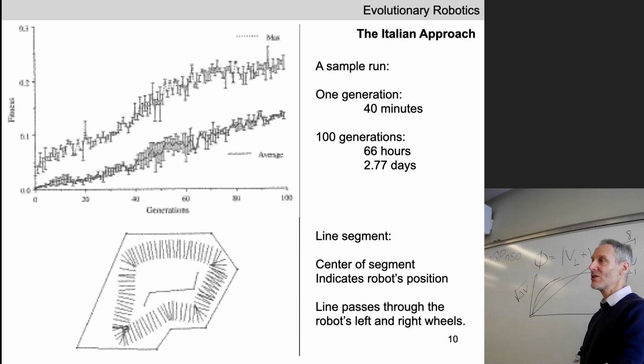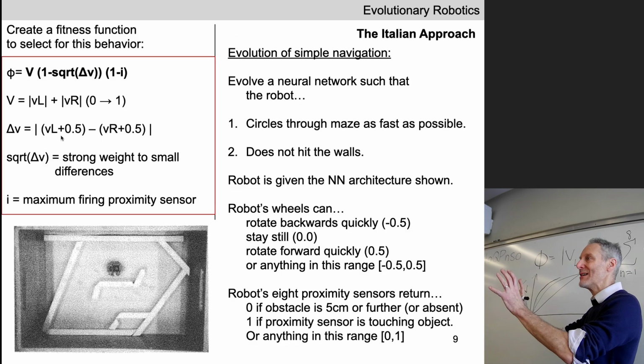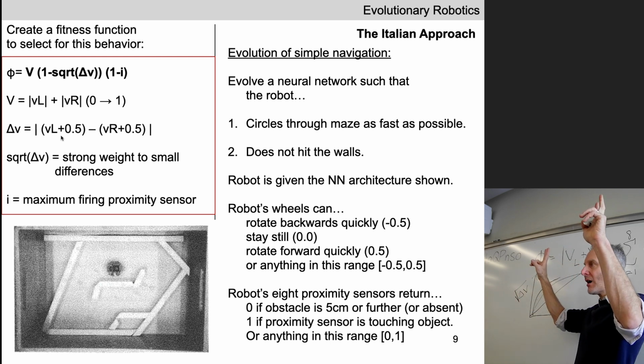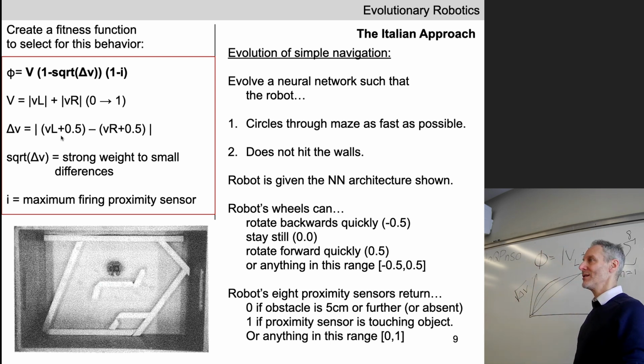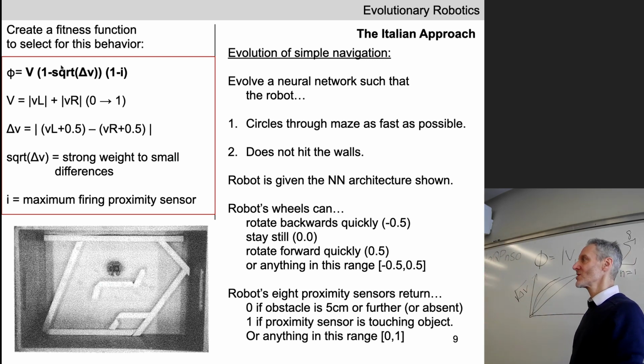We could put some particular object in the maze that it's supposed to go towards that would produce some particular pattern on the proximity sensors if they're close, for example, right? Some object that the robot could see with its proximity sensors, and then we could throw a term into the fitness function that would select for that pattern to emerge, for example. Yeah.